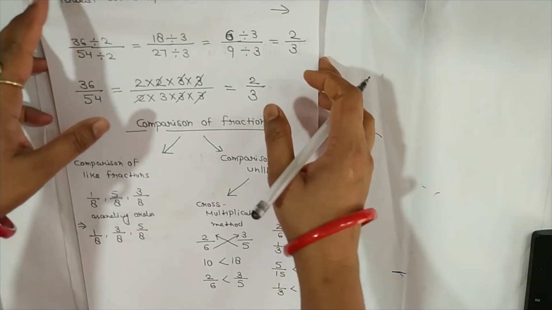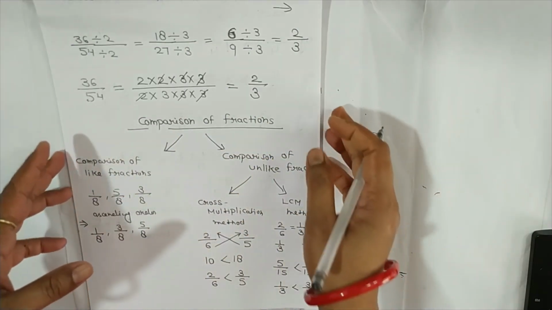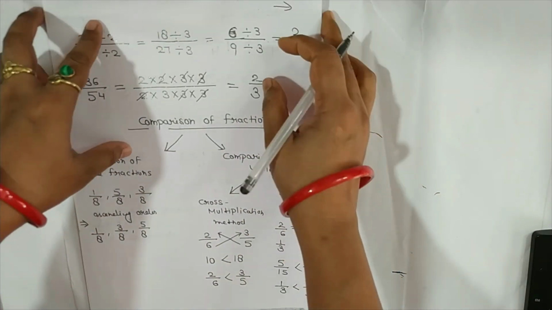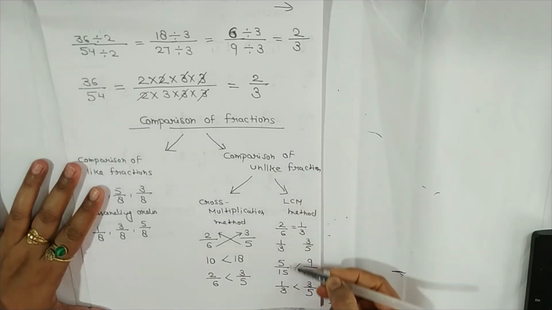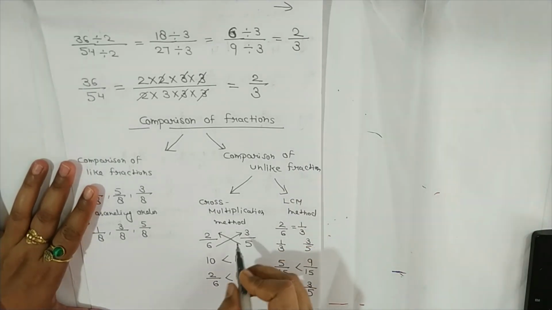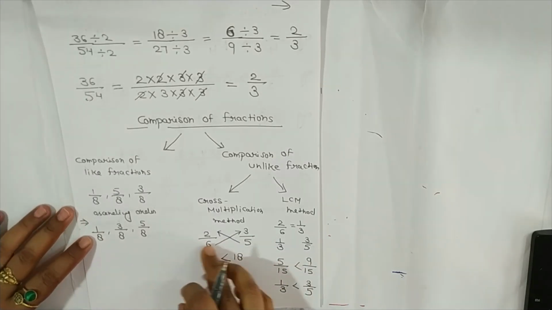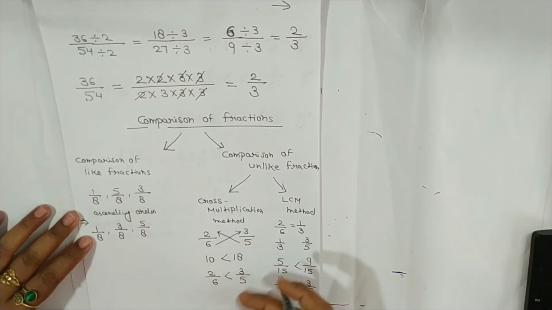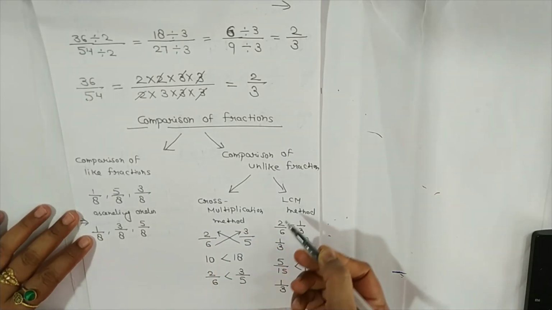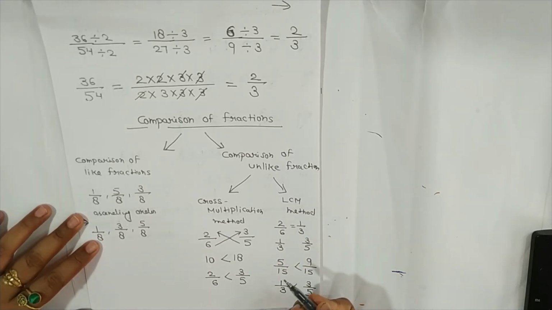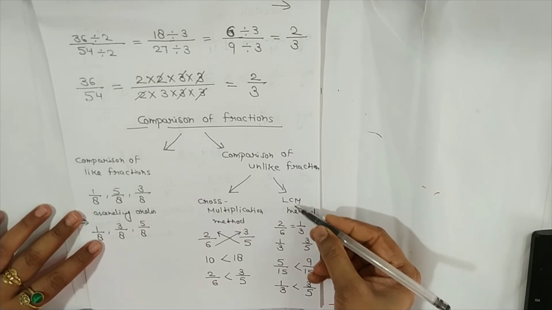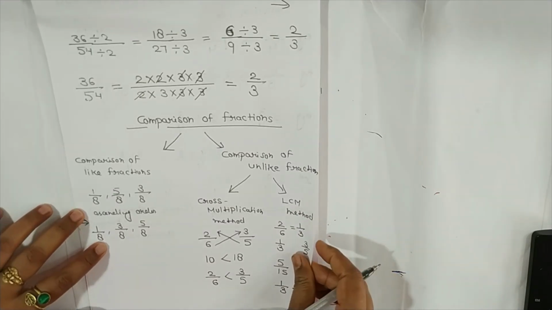When you are ordering or comparing more than two fractions, it is better to choose the LCM method. Suppose two fractions are given for comparison, you can choose either the cross multiplication method or the LCM method. But for more than two fractions, you can choose only the LCM method. It will be easier.